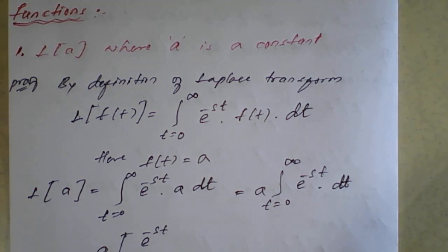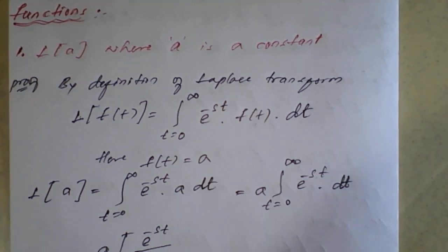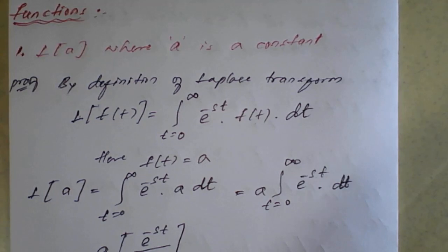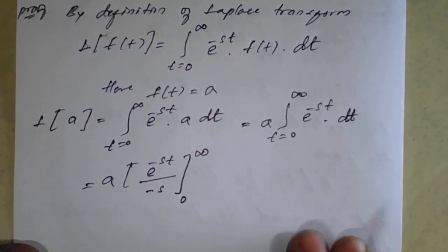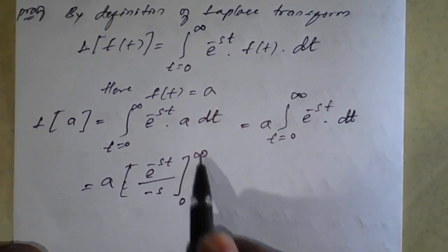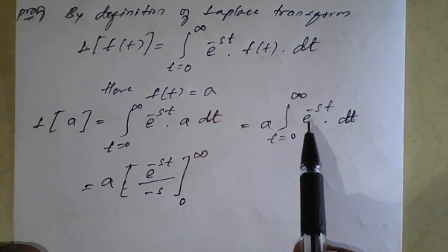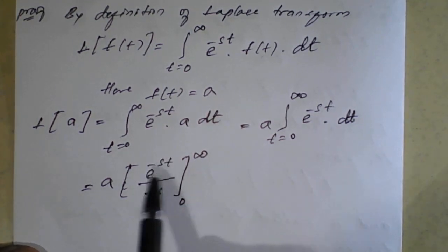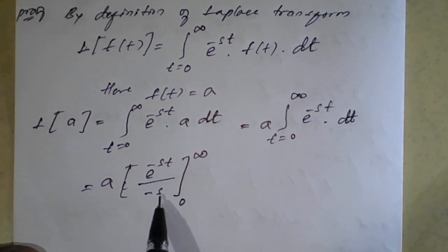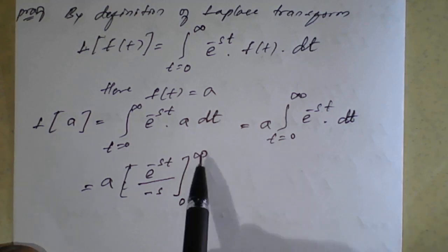So e raised to minus st divided by the differentiation of minus st with respect to t, which is minus s, with limits from 0 to infinity. Integration of e raised to minus st is e raised to minus st, and differentiation of minus st is minus s, which will come in the denominator.